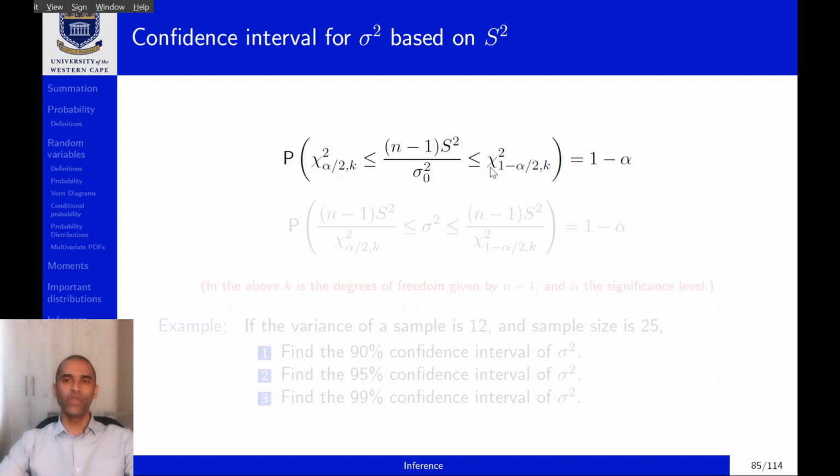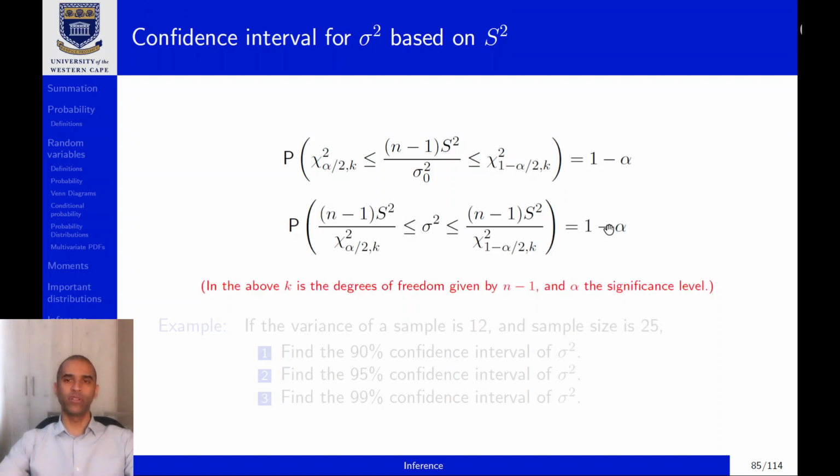And we know that the chi-square distribution is usually asymmetric. Therefore, the value in the left tail will not be the same as the value in the right tail. Okay, so in this case, we want to isolate sigma squared between the 2 inequalities. And once we do that, we end up with the second formula on this slide.